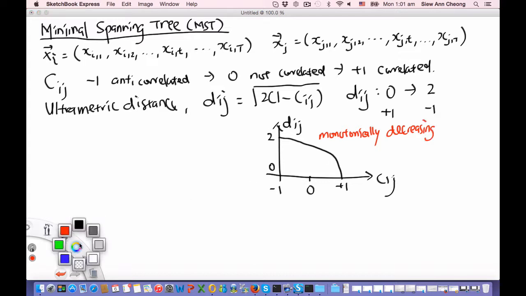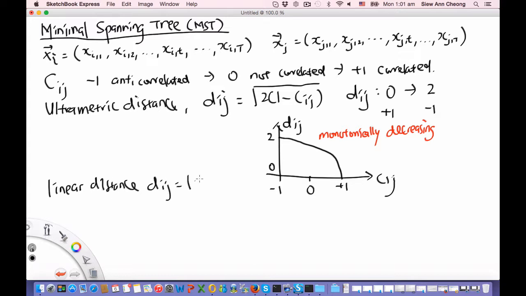Now, in the computer science literature, you can also find a different definition of distance, starting from the cross correlation, and that is a linear distance, Dij equals 1 minus Cij. So again, Dij goes from 0 to 2.